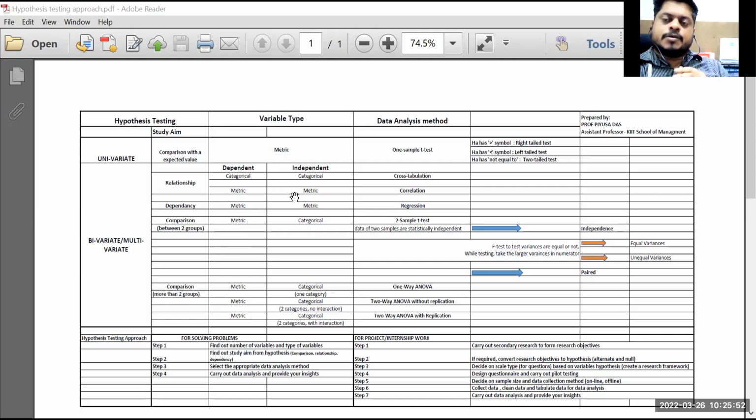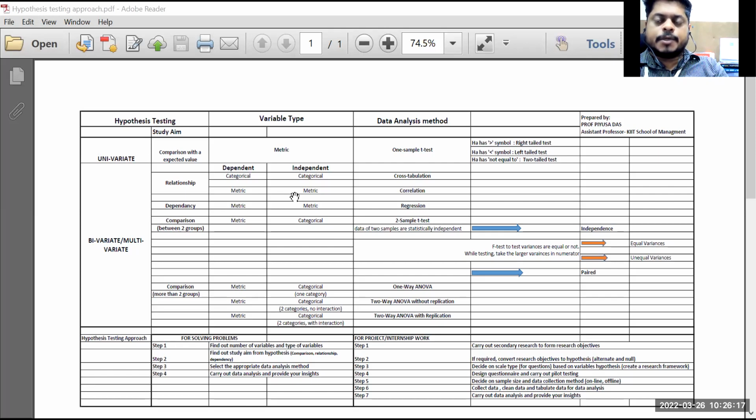Let's say I had directly asked the question, what is your age? Mention it in completed years, and mention how many hours you spend on social media. Those would be metric variables, because age is a specific number like 21, 22, 23, and the number of hours you spend on social media is also a number. Then I could have gone for a correlation.